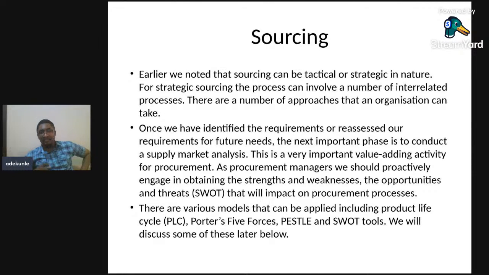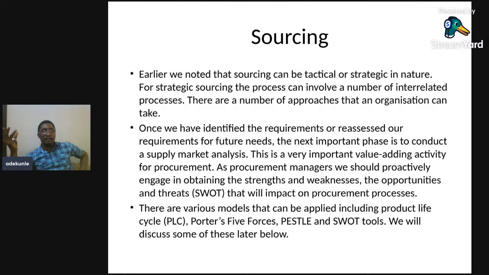This is a very important value adding activity to your procurement, because as a procurement manager, you should proactively obtain the strengths, weaknesses, opportunities and threats of your business environment that will affect your procurement process.